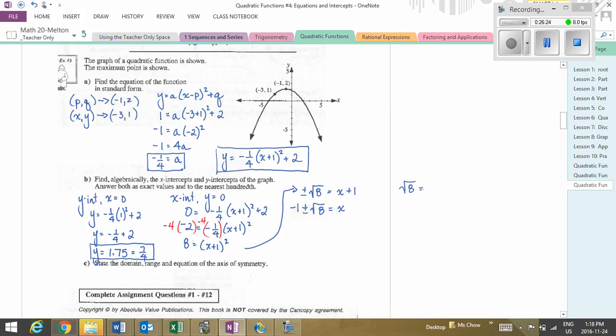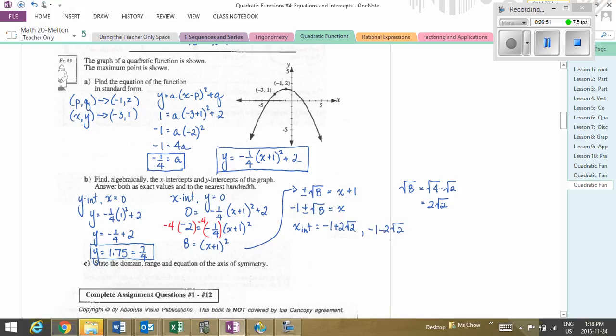So if you remember, √8 is the same as √4 times √2, and √4 is of course 2, so √8 is the same as 2√2. So actually my x-intercepts then are equal to -1 plus 2√2, and -1 minus 2√2.